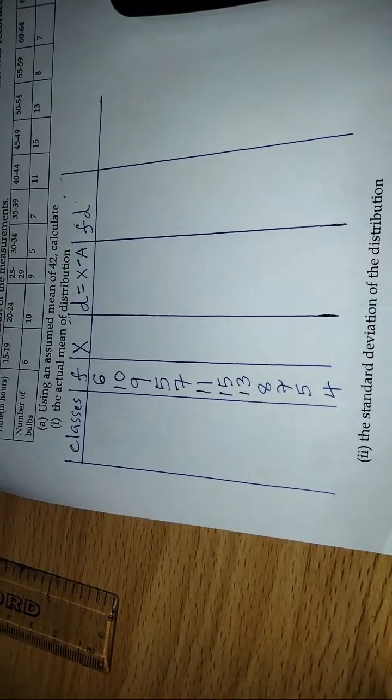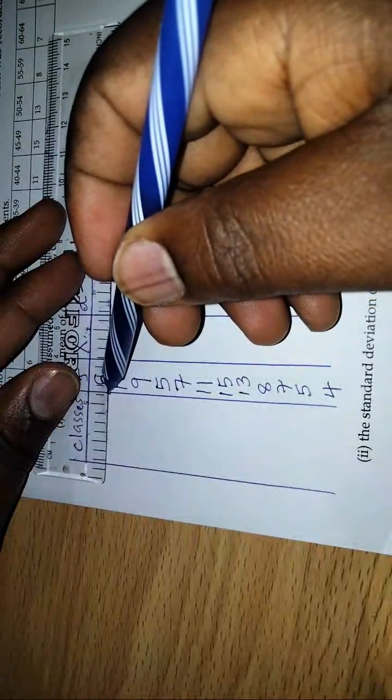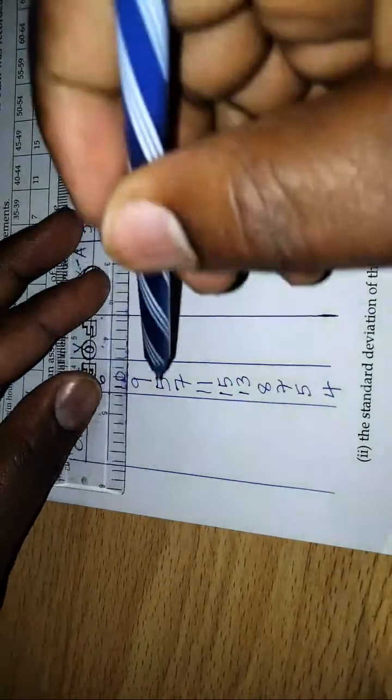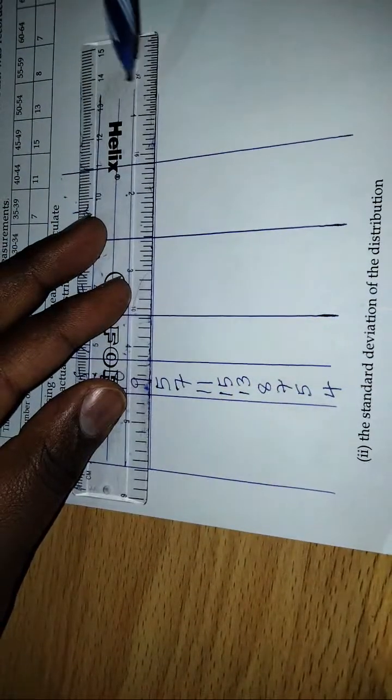Because my space here is not ruled, let me come up with the lines to avoid confusion, so that I may be perfect in my work.